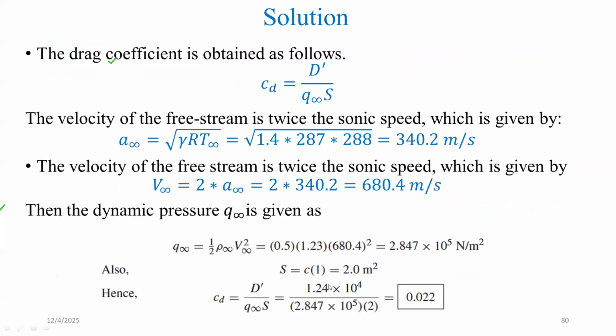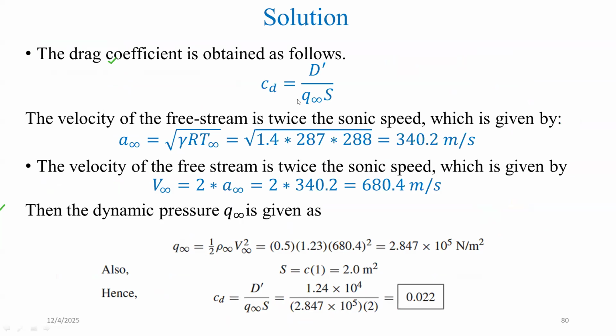Okay, so once we get the drag, we have the drag coefficient relation. The drag coefficient is the drag D over q, where q is the dynamic pressure, times the surface area.